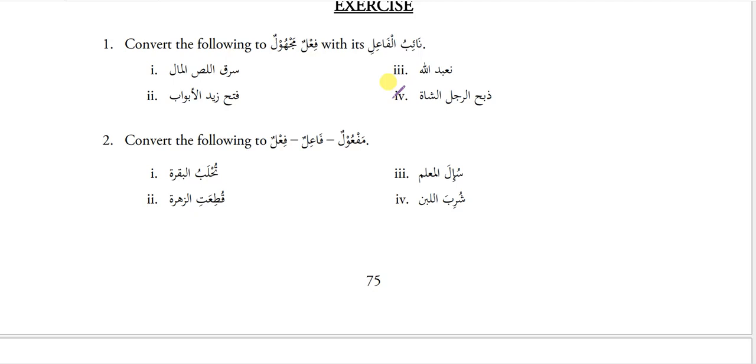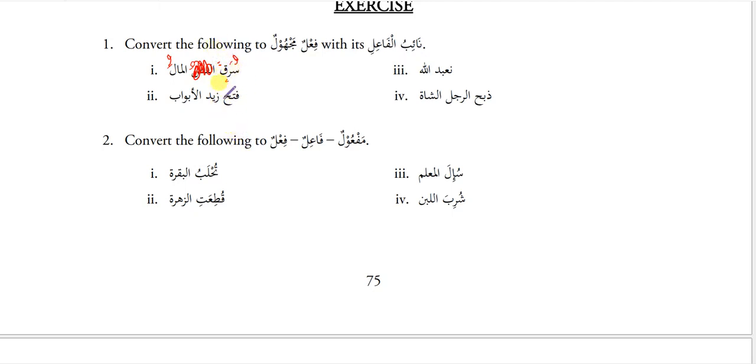Exercise: convert the following fi'l ma'ruf into fi'l majhul with its na'ib fa'il. So saraqa al-liss al-mal. So this is the fi'l ma'ruf. What happens in fi'l majhul? The maf'ul comes in the place of fa'il and fa'il is removed, so it becomes suriqa al-malu.